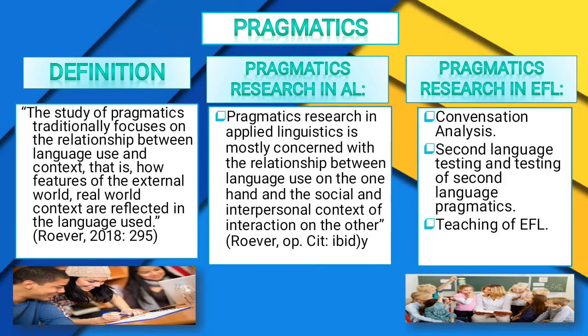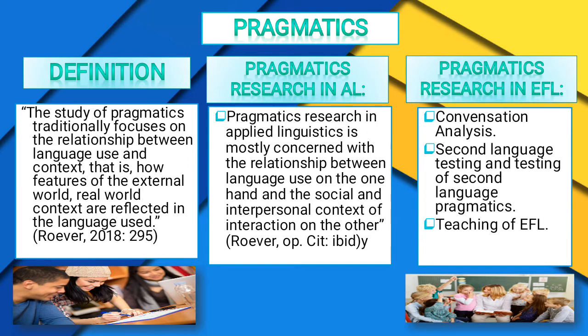Okay, pragmatics. According to Rover 2018, the study of pragmatics traditionally focuses on the relationship between language use and context, that is, how features of the external world, real-world context are reflected in the language used. Thus, pragmatics research in applied linguistics is mostly concerned with the relationship between language use on the one hand and the social and interpersonal context of interaction on the other.